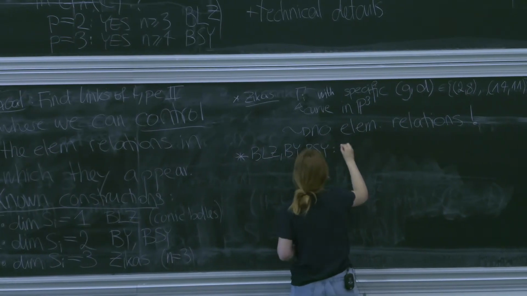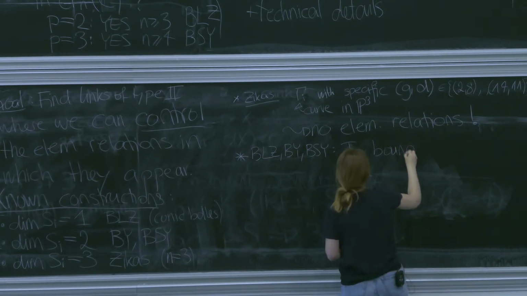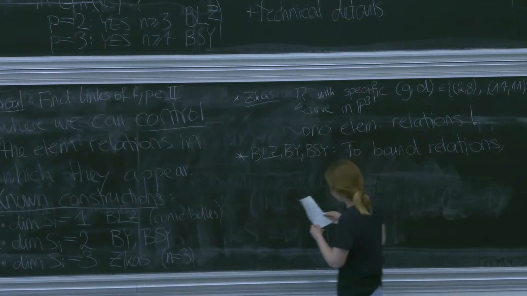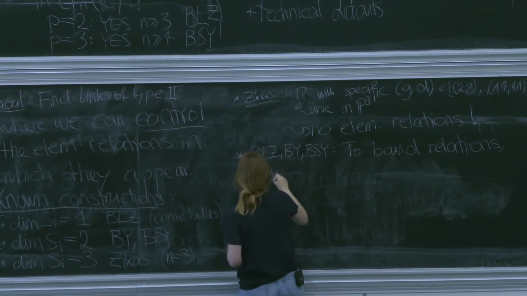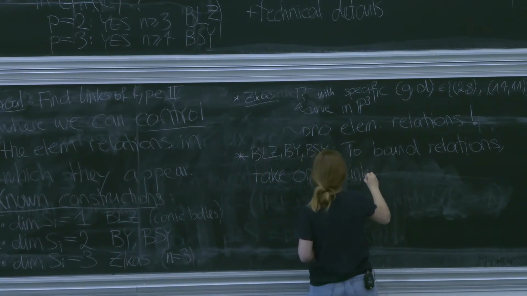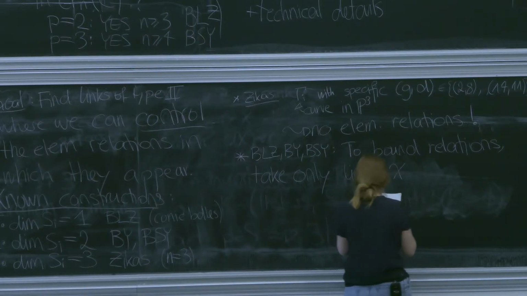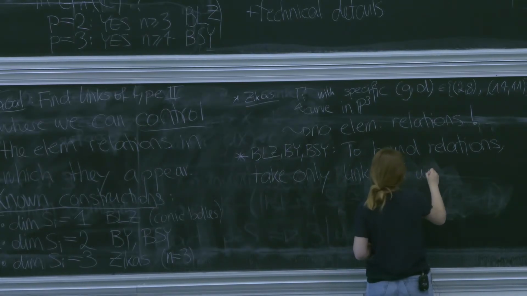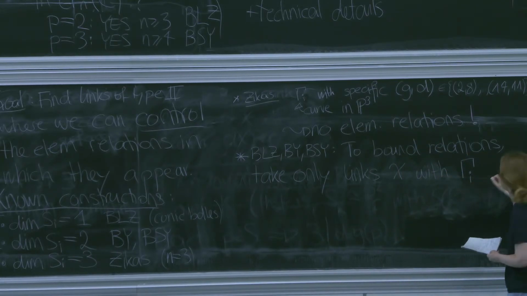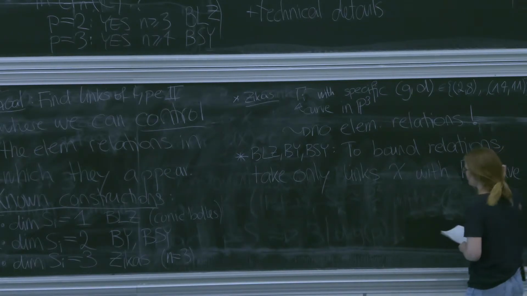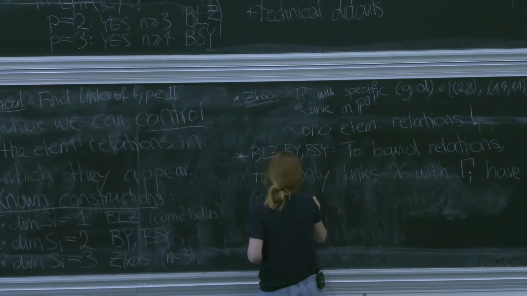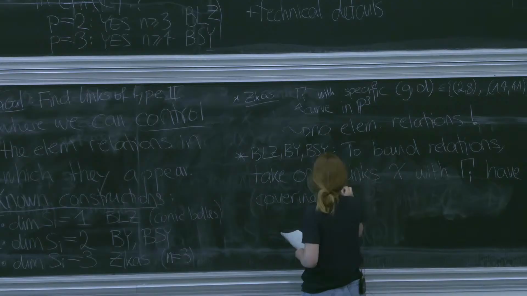Then to bound relations, we take only links chi such that the gamma i, the centers of the blow-ups, have large covering gonality or genus.